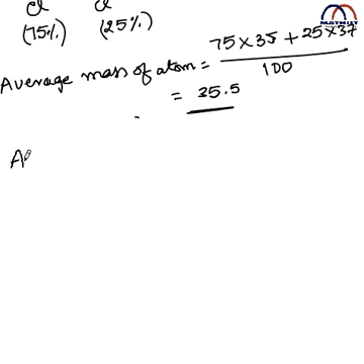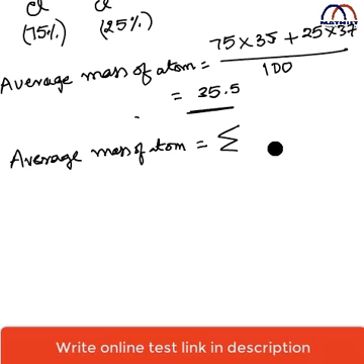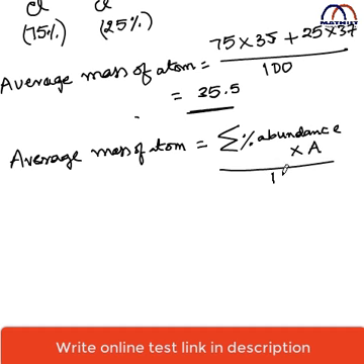But how do you get the average mass of an atom then? Average mass of an atom can be calculated by the summation of the percentage of abundance of different isotopes into their mass numbers, divided by 100.